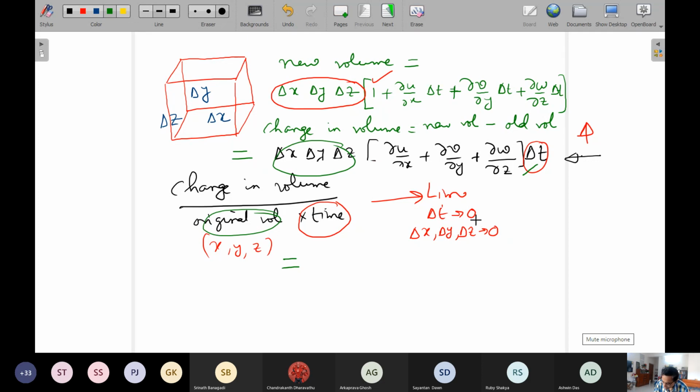And when you take the limit, all the higher order terms which we had not written, had we written them also, will all be gone. So it will be simply this, okay. So this is an expression for volumetric strain rate.